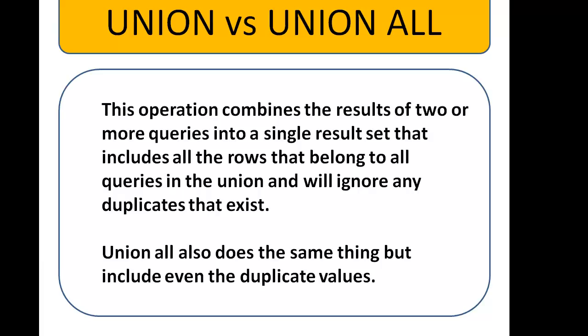So a number of select statements we can combine, all the result sets, into a single result set. Every select statement gives a result set, and we combine these number of result sets into a single result set.